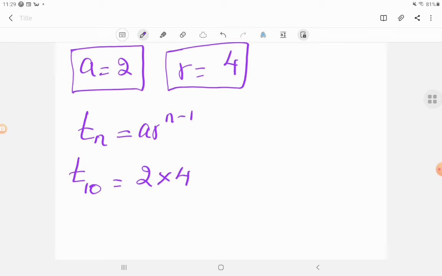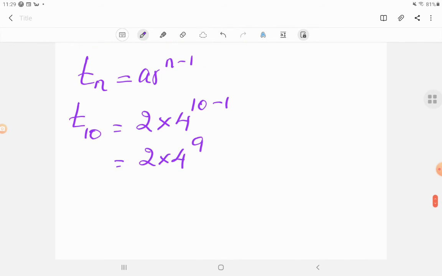So 2 times 4 to the power of 10 minus 1, which is equal to 2 times 4 to the power of 9. Always remember, when you use a calculator, first you find the value for 4 to the power of 9, then you multiply that by 2, and that gives you 524,288. Just use your calculator, and this gives you the 10th term.